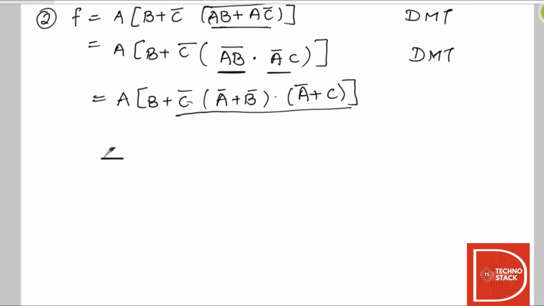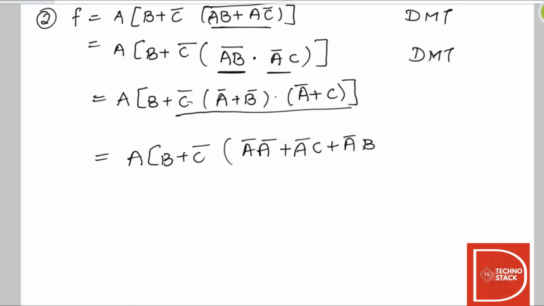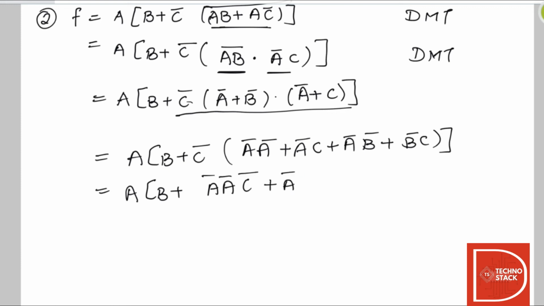So we get a into b + c̄, and then ā + āc + āb̄ + b̄c. Now we'll multiply c̄ inside: ab + āc̄ + āc̄ + āb̄c̄ + b̄c̄.